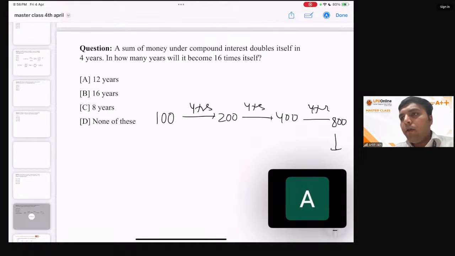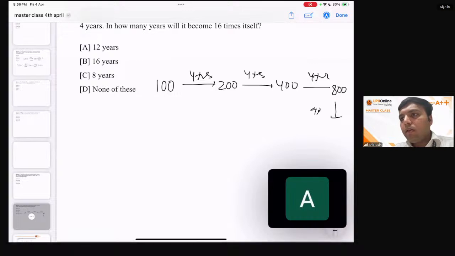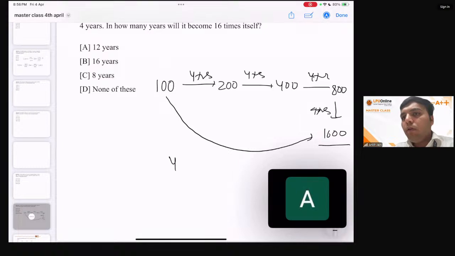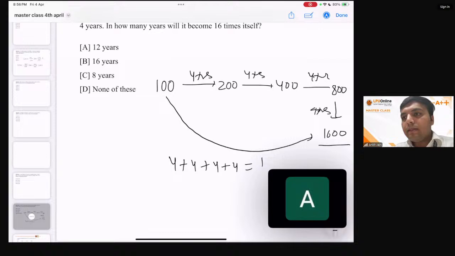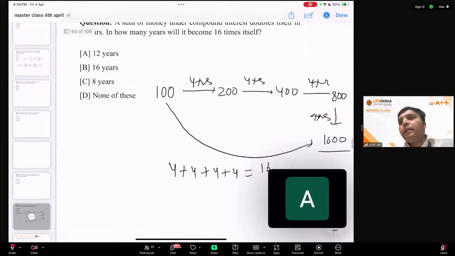And then again in 4 years, this 800 becomes 1600. Means your 100 becomes 1600, 16 times, in how many years? 4 plus 4 plus 4 plus 4, which is 16 years.